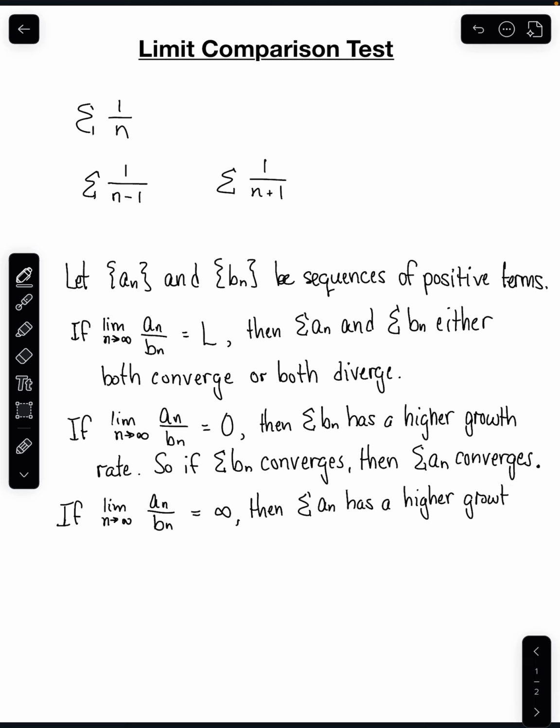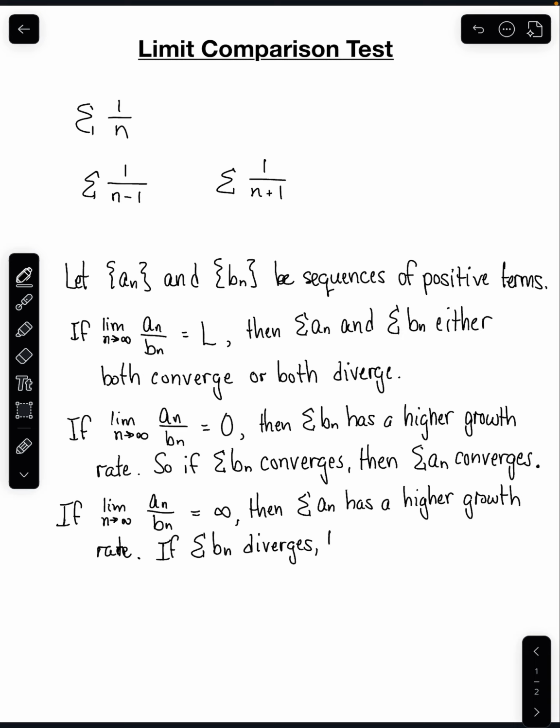What that means is that the series a sub n is larger than the series b sub n. So, like the direct comparison test, if the smaller series b sub n is known to diverge, then it forces the larger series a sub n into divergence as well.